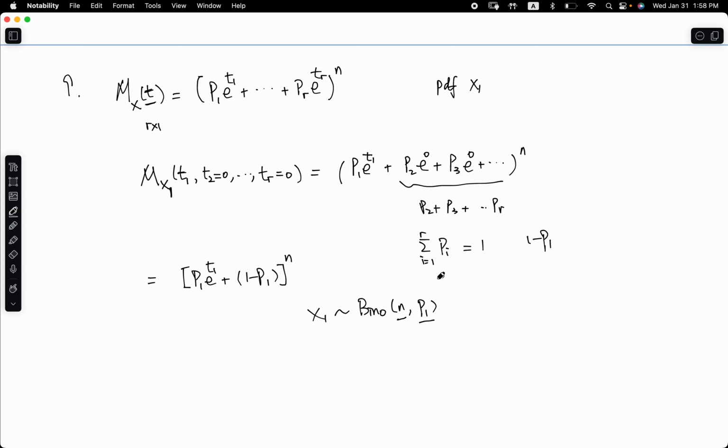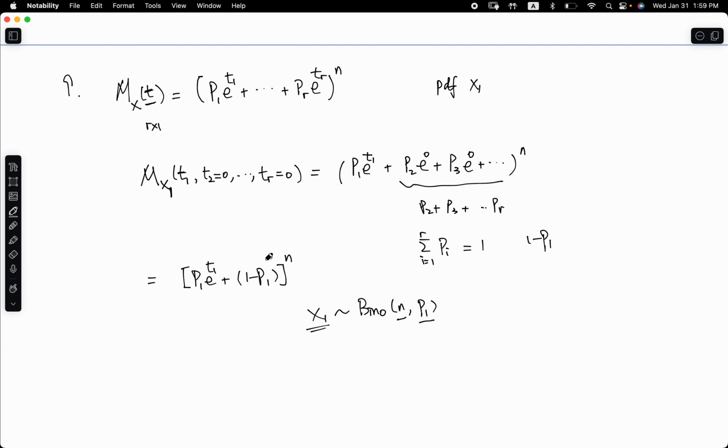Okay, and then yeah, the second question is referring to using the theorem to find the expectation and the variance of x1. So yeah, I think you can take the first order derivative of the homogeneous function and set it equal to 0 to find the mean of x.